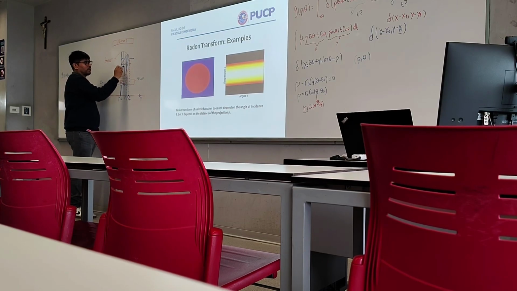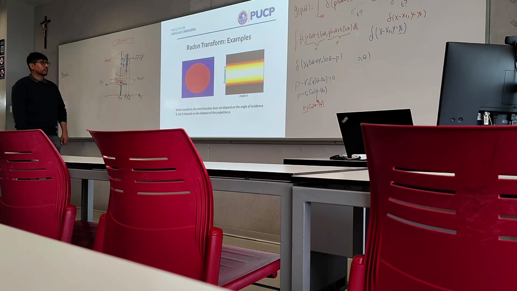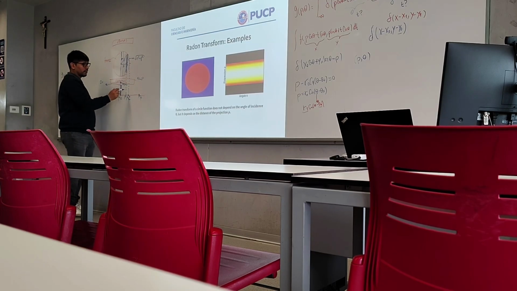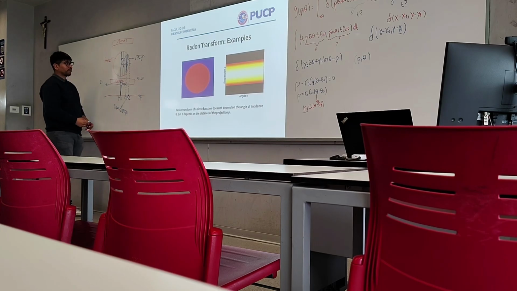This is p, and this is R, right? So this distance would be the square root of R squared minus p squared. So it should be, in this case, the value g(p, theta) there, 2 times the square root of R squared minus p squared.